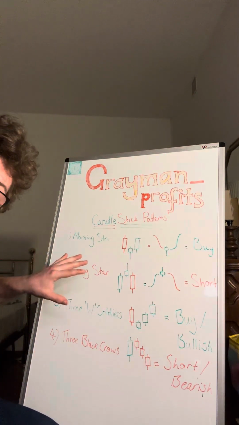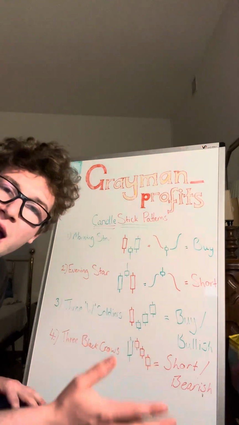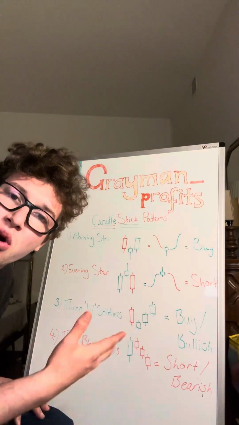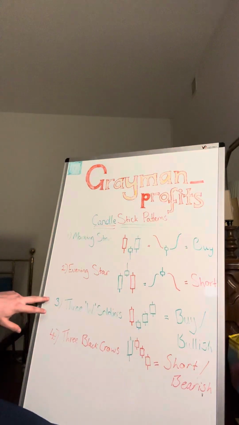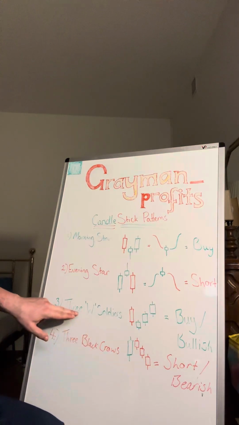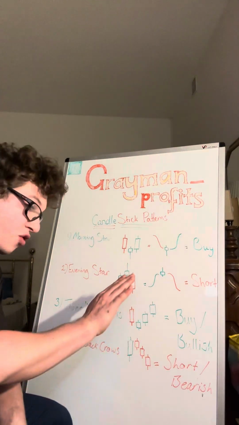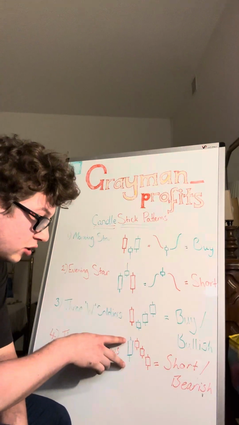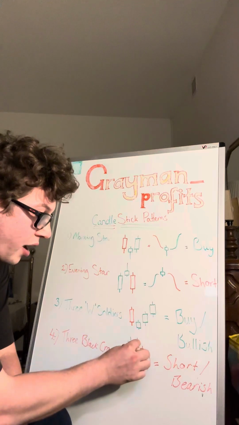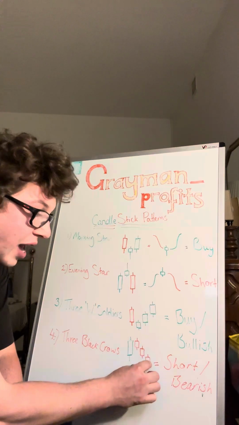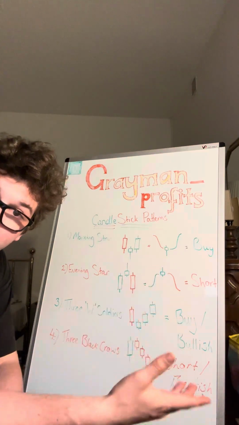The next one is exactly the opposite. So all the terminology that I'm showing you today, actually, they're polar opposites. They work in tandem. So the 3 black crows work exactly the opposite as the 3 white soldiers. So we've been in an upward movement. We see a larger one at the top, followed by 3 small downward candles. So you'll wait a little bit.